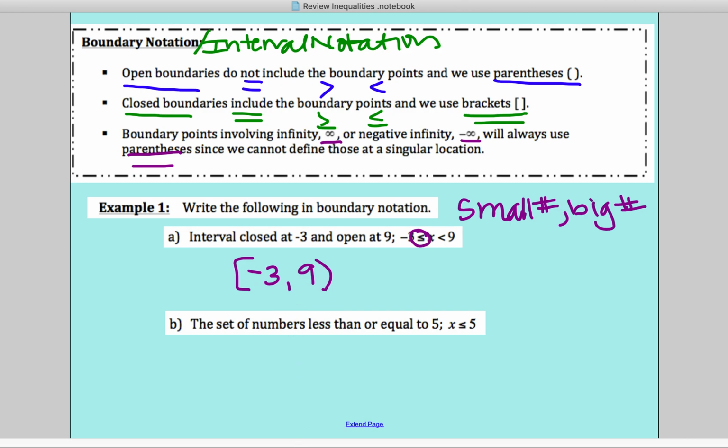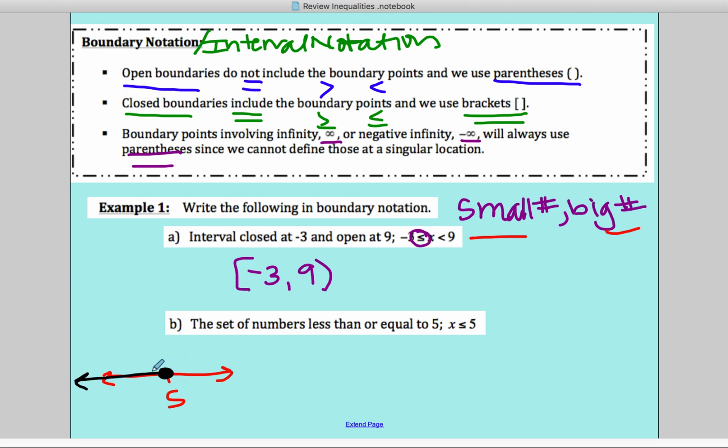The next one is the set of numbers less than or equal to 5. I only see one number, and I told you we have to have two, so we have to figure out what our other number is. One thing that might help is if we go ahead and graph this. I'm going to put the number 5 on here. If I'm less than or equal to 5, I am equal to 5, so that means, remember, closed circle. And then to be numbers less than 5, we're going to the left.